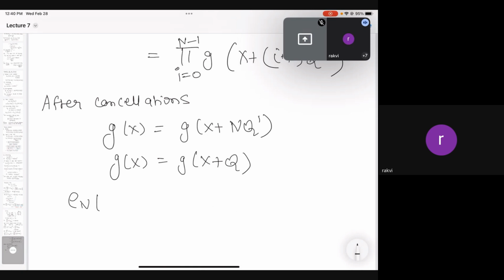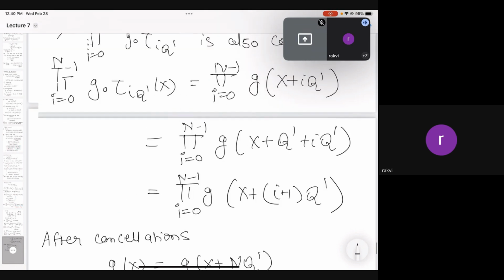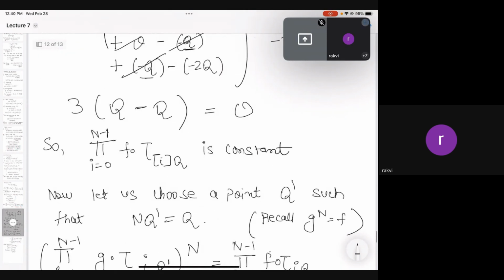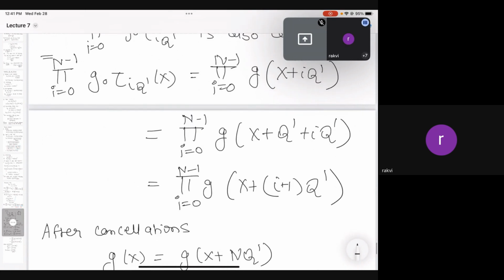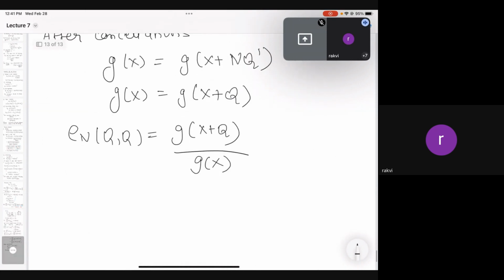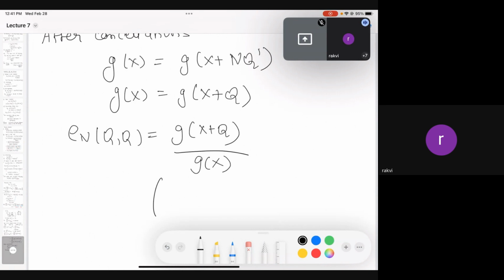We wanted to show that e_n of q comma q, which is nothing but this ratio, is one. And this g, the way we define it, always depends on q. So sometimes I write it, sometimes I forget to write it. I'm so sorry. There are too many notations to take care of, but let me just say that in red here.